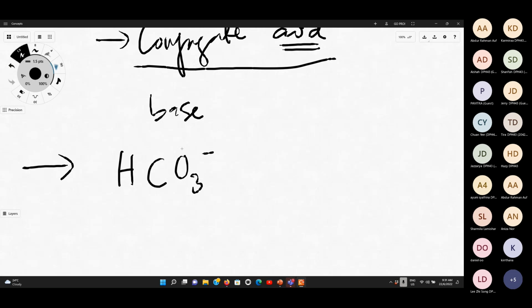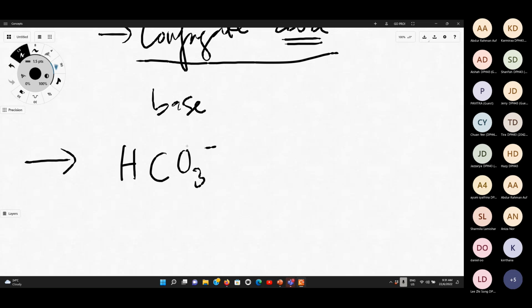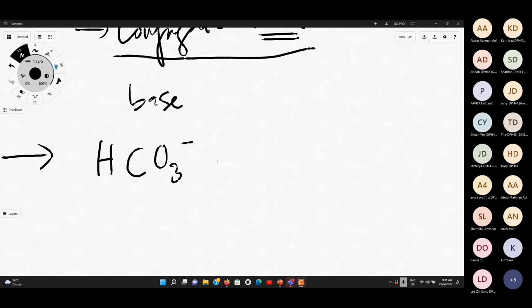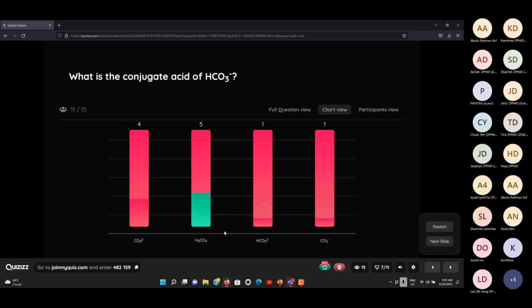Okay, so macam saya cakap tadi, the base adalah something that accepts H plus. So just tambah H plus dekat sini. So bila HCO3 minus tambah H plus, dia akan jadi H2CO3. That's why the answer adalah H2CO3.